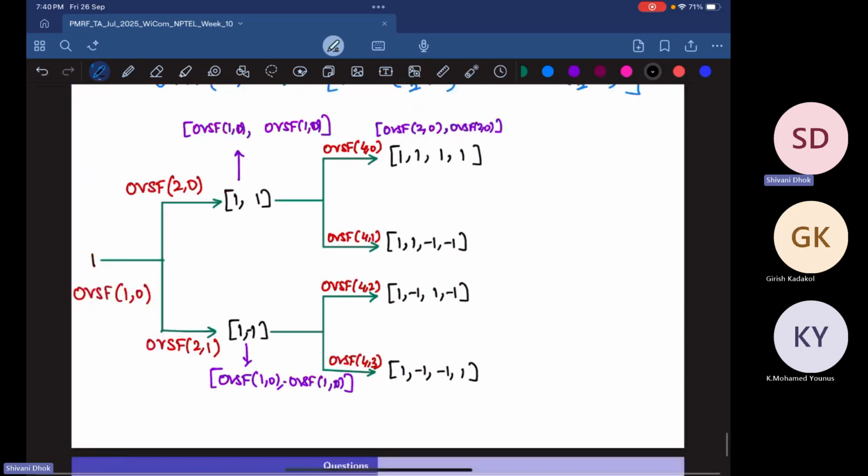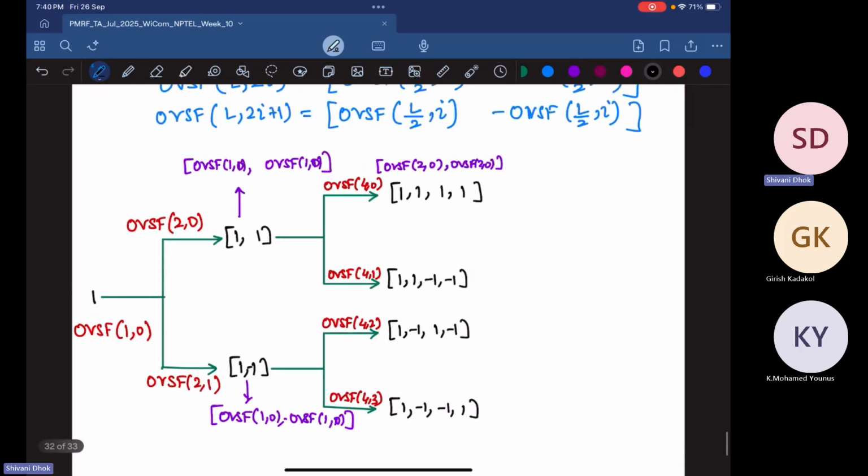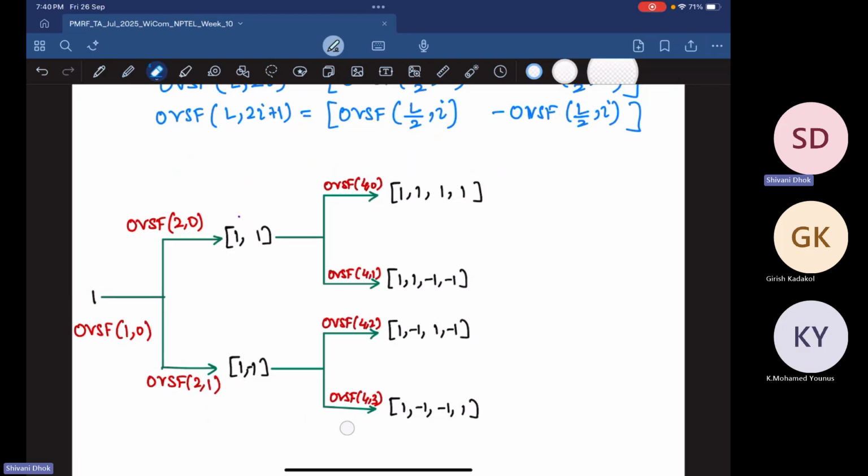So this is of length 4, and now we'll again split it into 2. I'll remove this part for space. This also, I don't want it here. Like this. The last one is this.